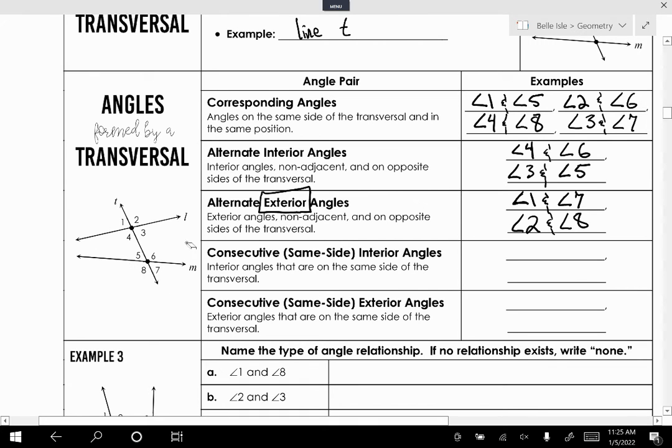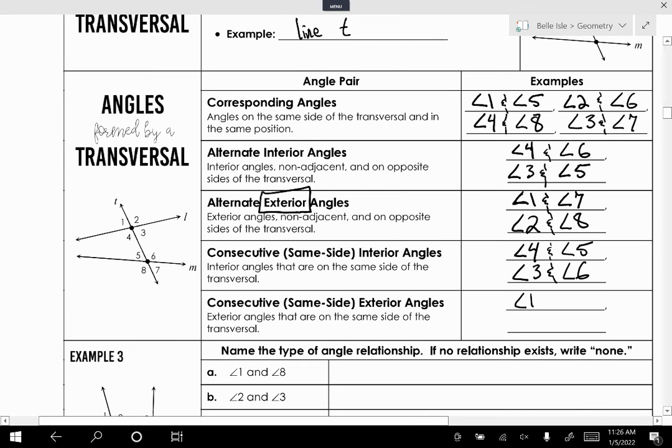So if we're looking at interior and consecutive same side, what is going to be the consecutive interior angle for 4? 5. And what is going to be the consecutive angle for 3? 6. Interior, same side. Now instead of thinking same side interior, we're thinking same side exterior.